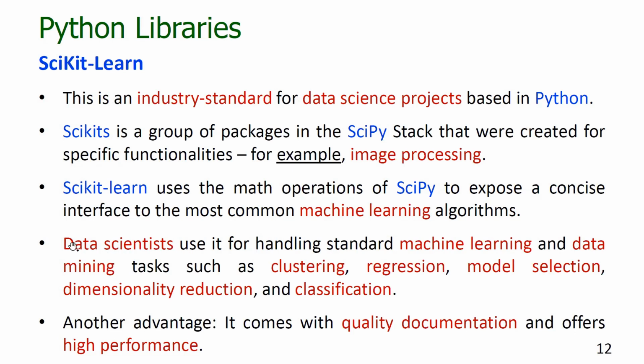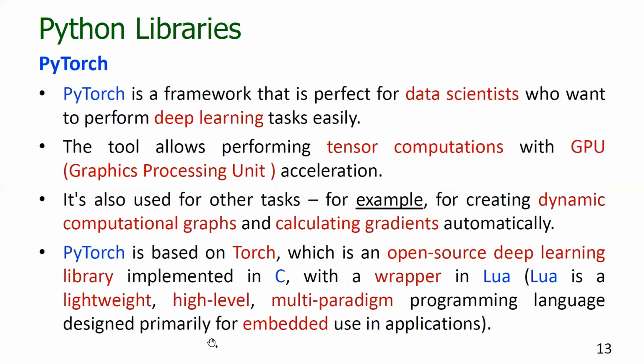Data scientists use it for handling standard machine learning and data mining tasks such as clustering, regression, model selection, dimensionality reduction, and classification. Another advantage is it comes with quality documentation and offers high performance.